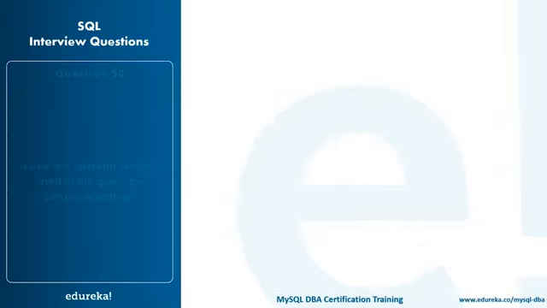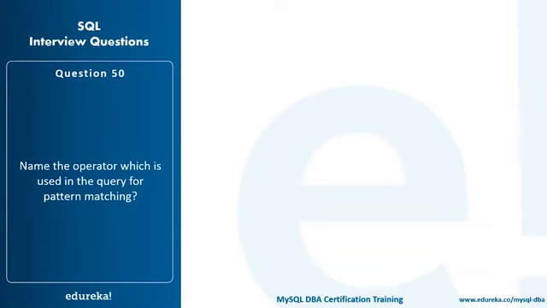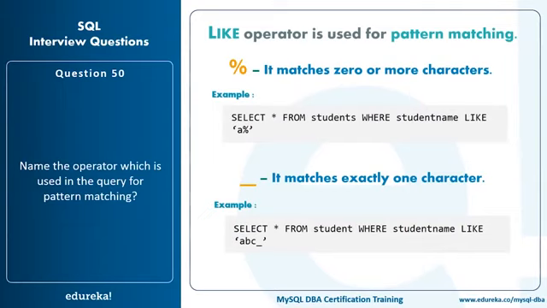Now let's move forward to the next question, that is, name the operator which is used in a query for pattern matching. The operator used in the query for pattern matching is basically the like operator. In the like operator, you can use either the percentage sign or the underscore sign. The percentage sign matches 0 or more characters. If you use the percentage sign in a query like select star from students where student name like 'a%', all those students whose name starts with A and ends with any character will be taken into account, and all the information related to those records will be retrieved.